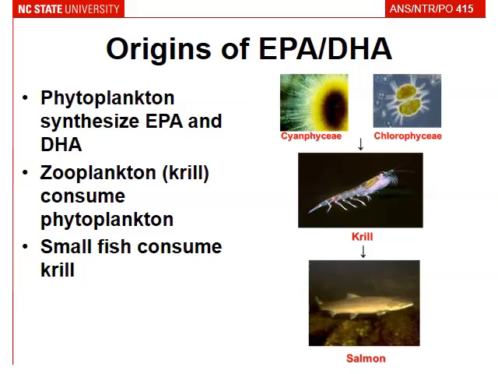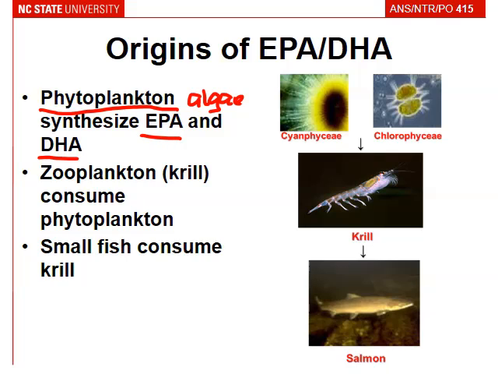So why do fish have such high levels of EPA and DHA? Well, that all comes from the phytoplankton. Phytoplankton is a big fancy word for algae. We have different phytoplanktons, and these are the ones actually synthesizing the EPA and DHA, and then we just move up the food chain.